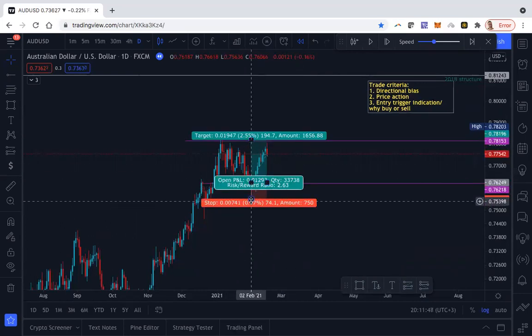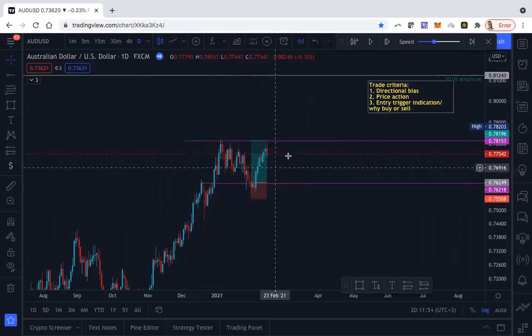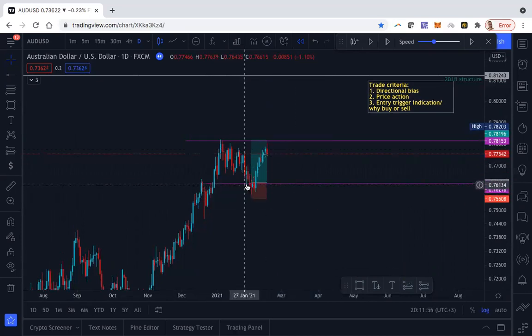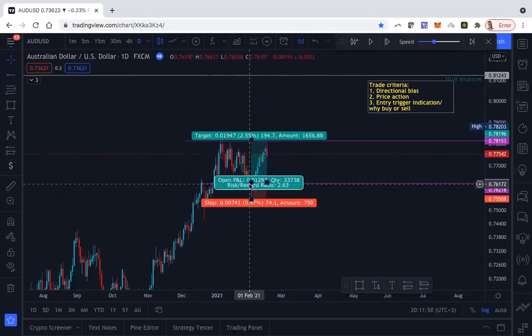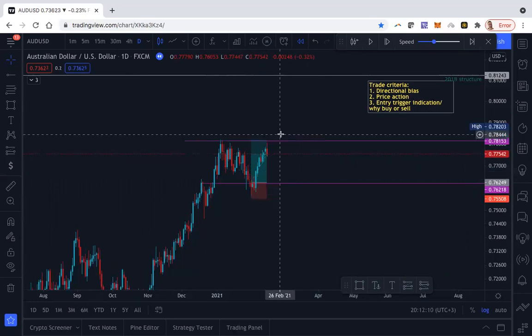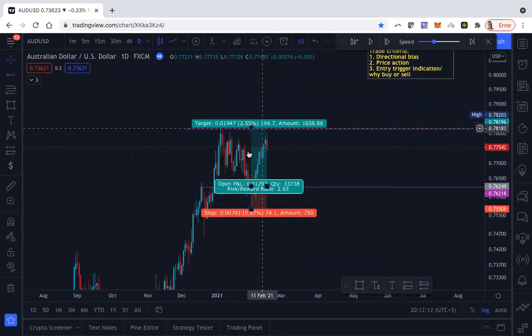And then you just put your stop loss below the previous low here. So this was a clean trade, okay? It initiated on 1st of February and reached 190 pips in around 16th of February. So in 2 weeks, you've done 194 pips. This is a swing trade opportunity, okay, that you could have taken.